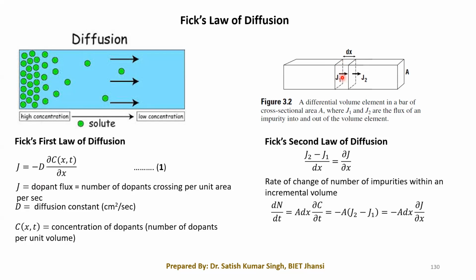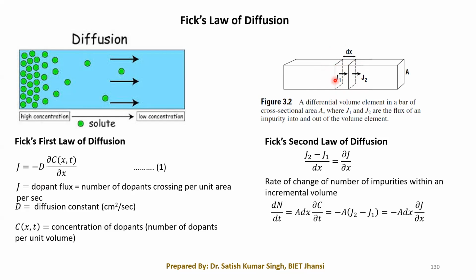So what I'm saying is, if we consider the two sides of this particular volume, these two planes, then obviously if J1 and J2 are the same, there will be no net accumulation of the charge per unit area within this incremental volume. But what happens if J2 is less than J1?